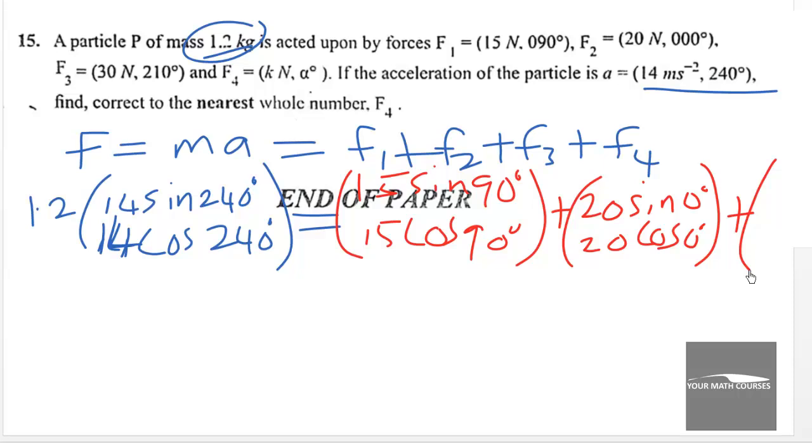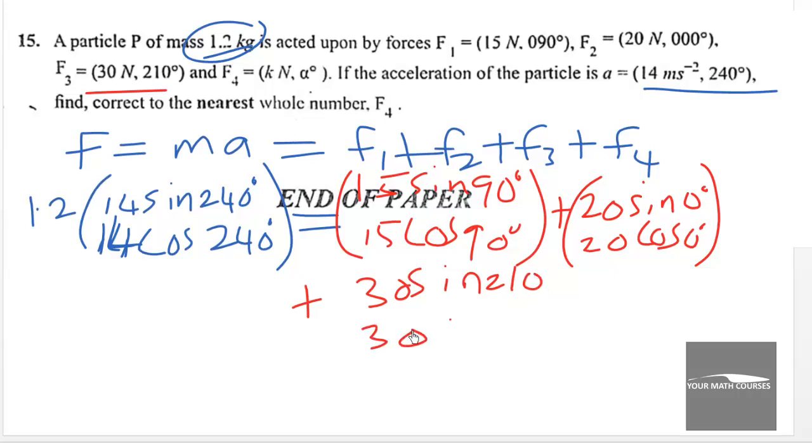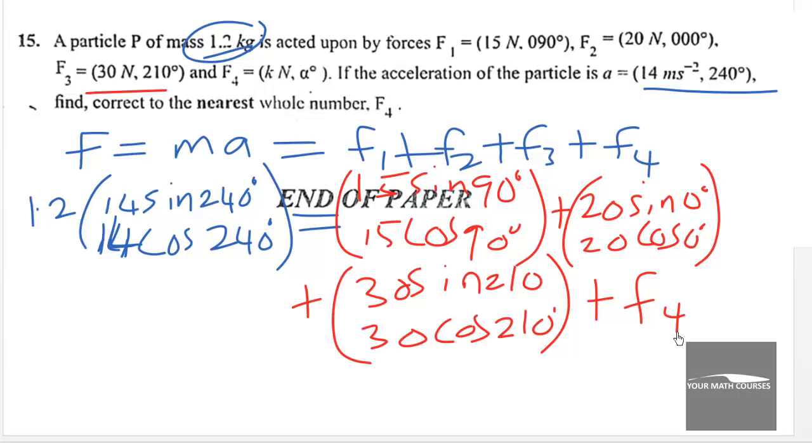F3 is, let me add it below here because the space is not that much. So F3 is 30 sine 210, 30 cos 210. Then we add it to F4. We don't know it. We are looking for F4.